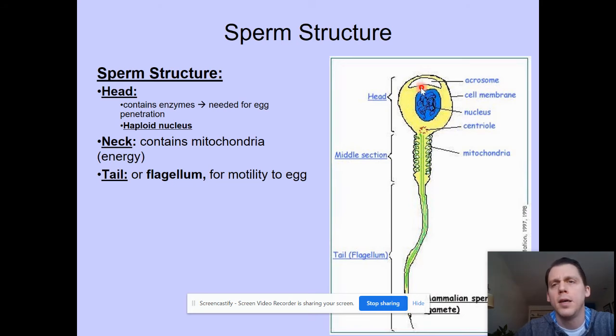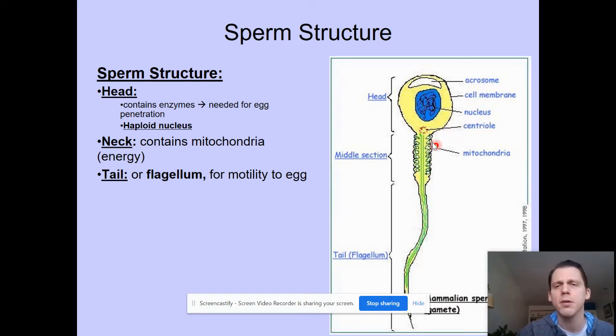Inside the head, behind the acrosome, we have a haploid nucleus, right? This was made through the process of meiosis. And so it's only basically half of a diploid nucleus because it's going to meet up with the haploid nucleus in the egg to form a full diploid nucleus.